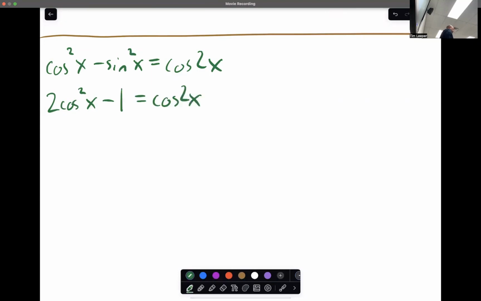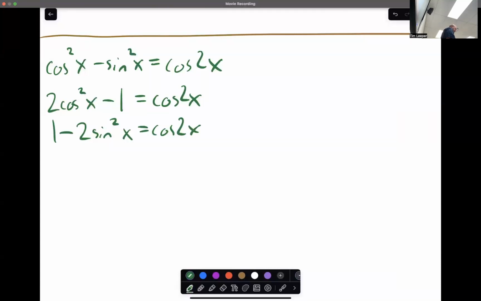And the third one was that it was 1 minus 2 sine squared of x. All I've done here is rewritten the 3 double angle identities for cosine, just flipped around from the normal order that you see them in.